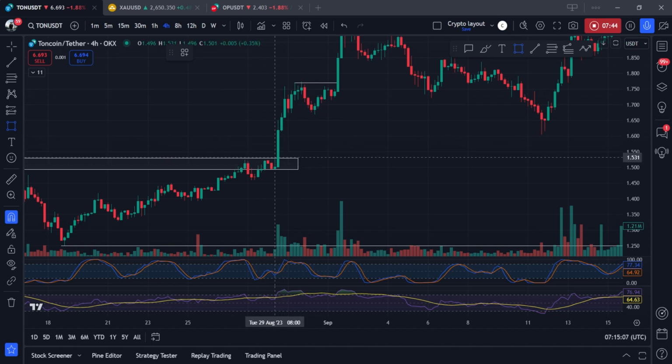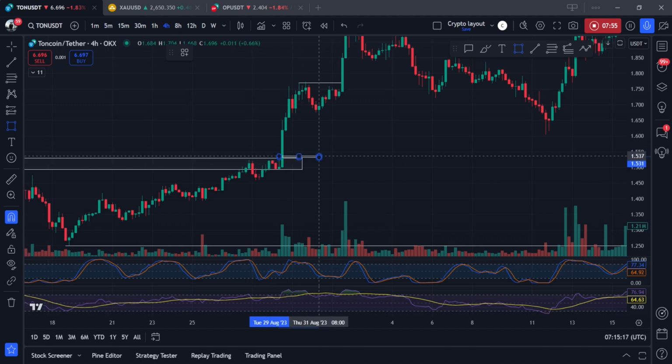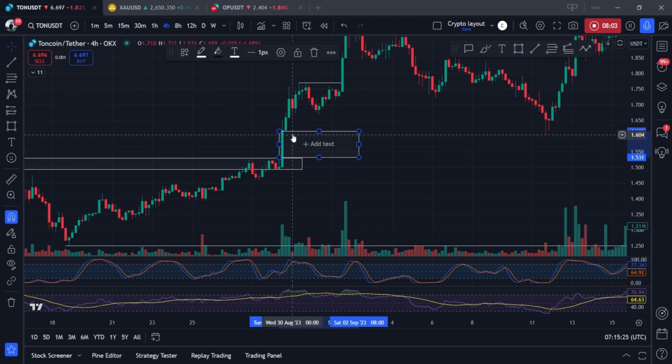To find this, it's called a fair value gap. To find the fair value gap, you take the highest of the previous candle and then go to the third candle, which is this one. You mark the low of the third candle. This area is where the imbalance adjustment is.